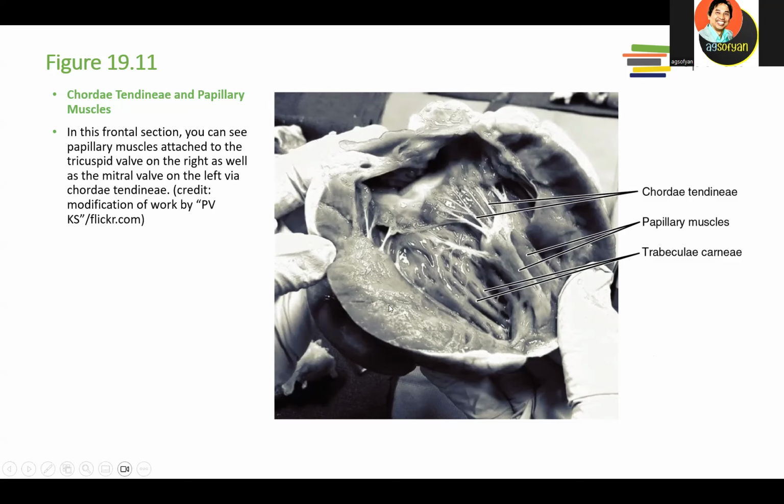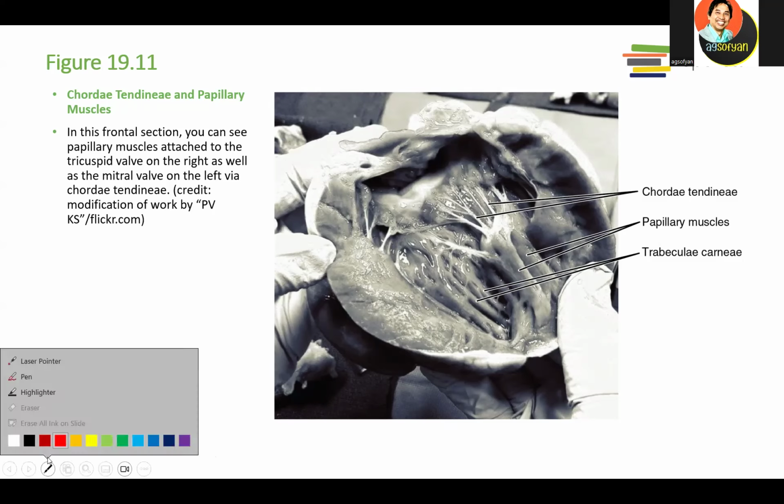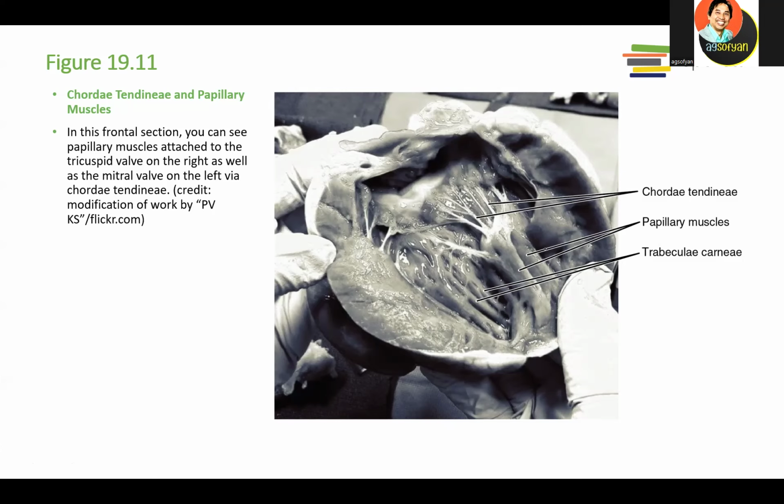Now we're gonna look at the structure of the chamber. You will actually see this tomorrow during the lab. You will dissect the heart, and then we'll find out the four chambers, including these structures that are located in the chamber.